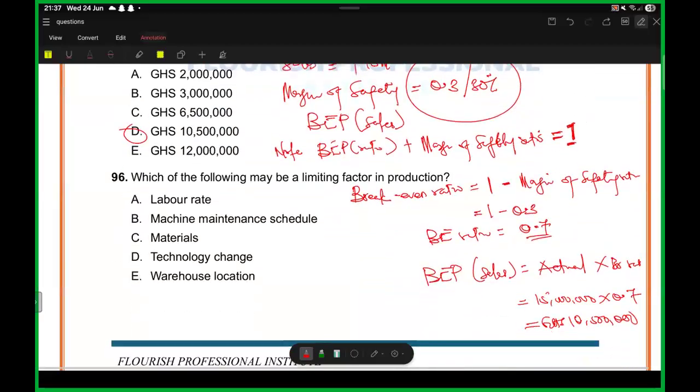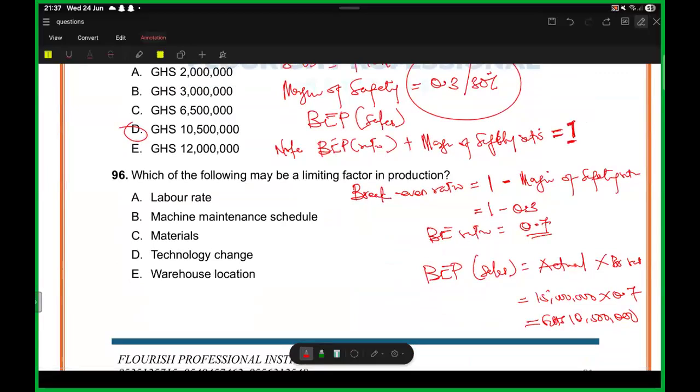And if you have the break-even ratio and multiply by the sales amount, you get your break-even point in sales. That is when you are not given contribution and fixed costs. This is another method of estimating it. This is how the ICAG questions mostly look. You see it a lot, and then you can make your analysis.